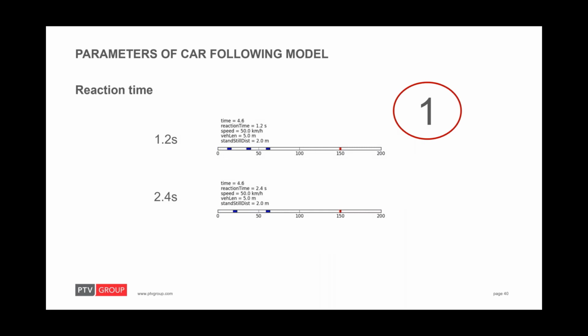Then let's say you change the reaction time. How would the car following model take effect then? So over here you can see that if we have a 1.2 second reaction time versus 2.4, the one in the first case discharges much quicker than the other because following is a lot closer, or the reaction time is quicker.